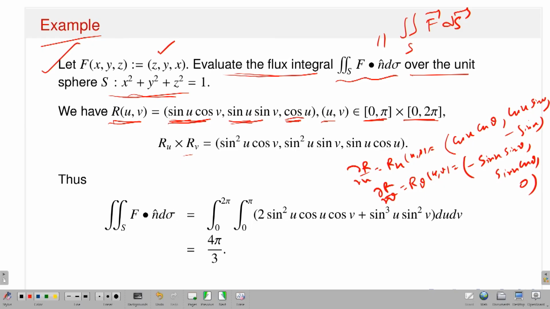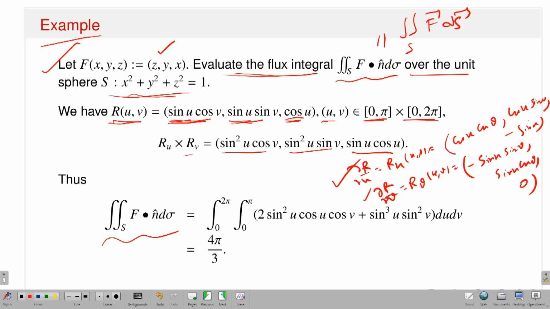So now I have two vectors Ru, Rv. You just take the cross product and it ends up with this vector: first component sin square u cos v, second component sin square u sin v, and third component sin u cos u. So now you have the vector Ru cross Rv.